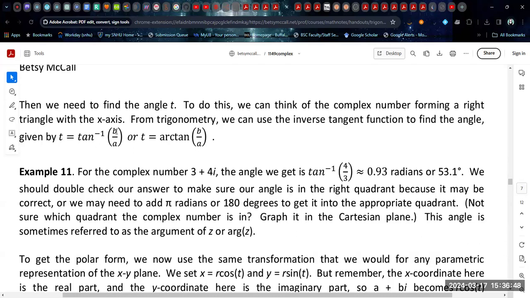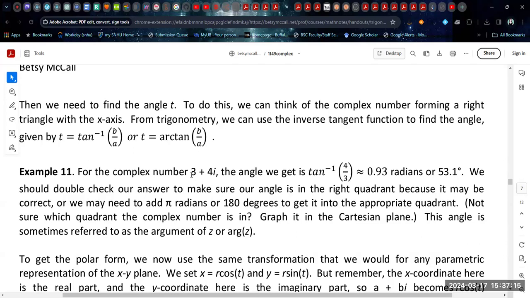So this would be the inverse tangent of b over a. Again, this would give us values that are in the first and fourth quadrants and not the second and third quadrants. So you may need to add 180 degrees or pi radians in order to get you over to that half of the graph.